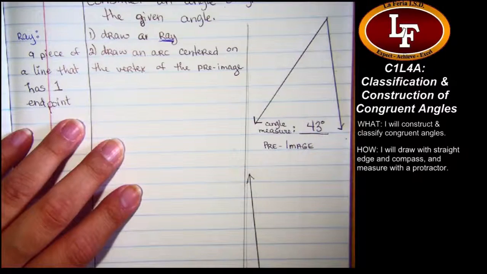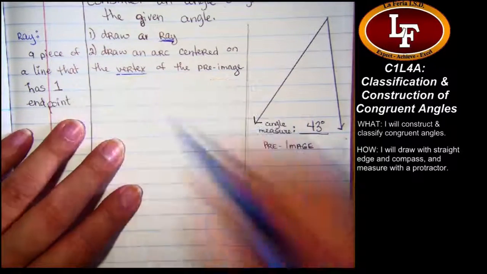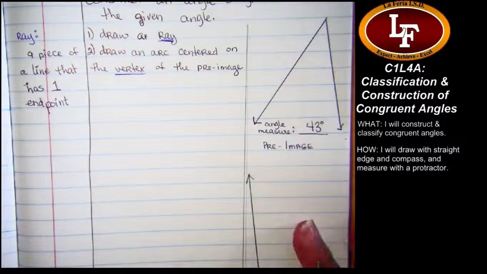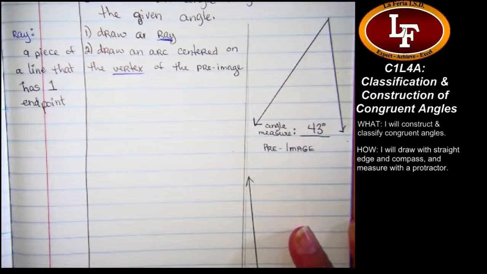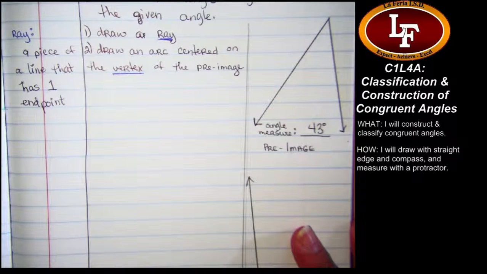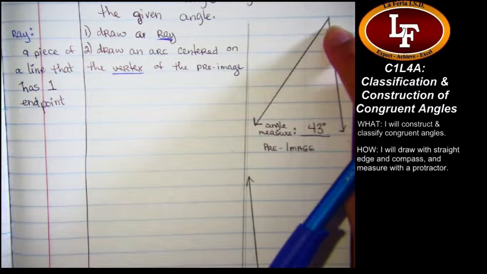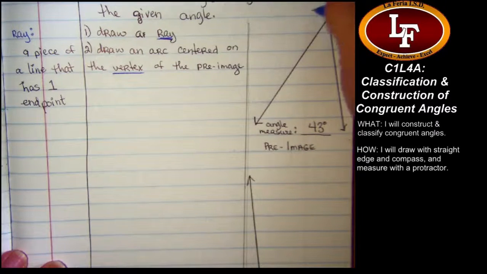Vertex is a new word, yes? It's not a new word? Awesome. What's vertex mean? Do you remember? A point of what? The corners. Yeah, so this is our vertex right here.